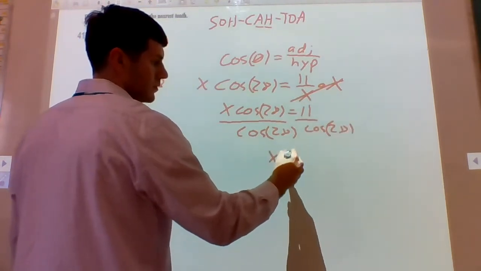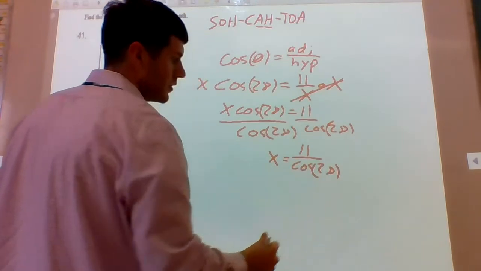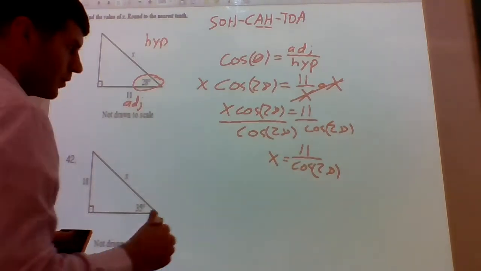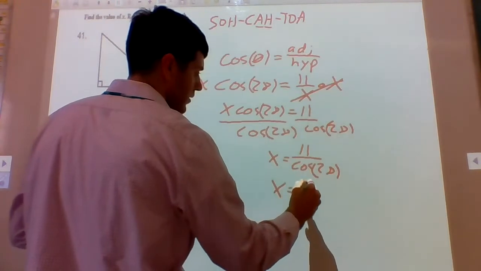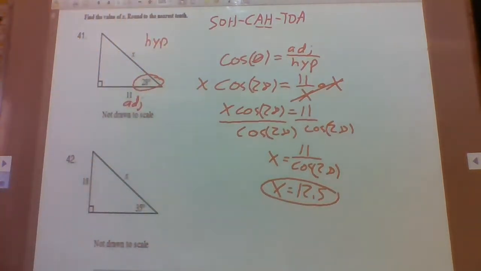So x equals 11 divided by cosine of 28, which should be 12.4583. We're going to round to the nearest tenth. So we're going to round the 4 to a 5. So it's going to be 12.5. That's going to be our x value, our hypotenuse there, 12.5.